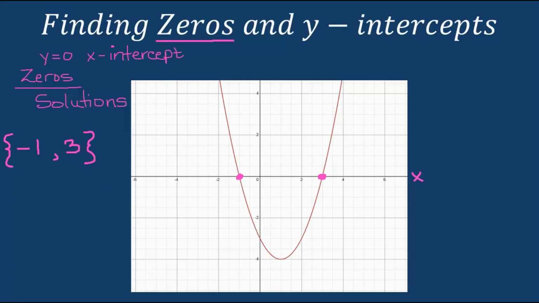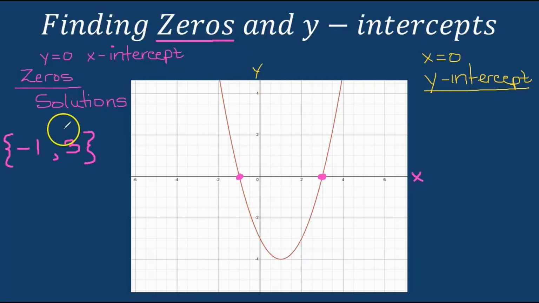Now let's talk about y-intercepts. A y-intercept is where it crosses the y-axis. And if you look at our coordinate plane very closely, that's actually where x is equal to 0. Here's x, here's where it's 0, so this is the y-axis.